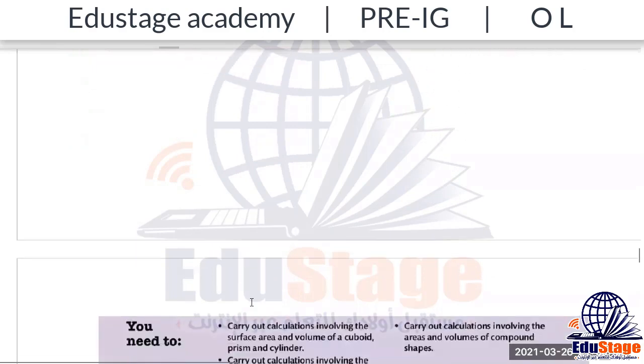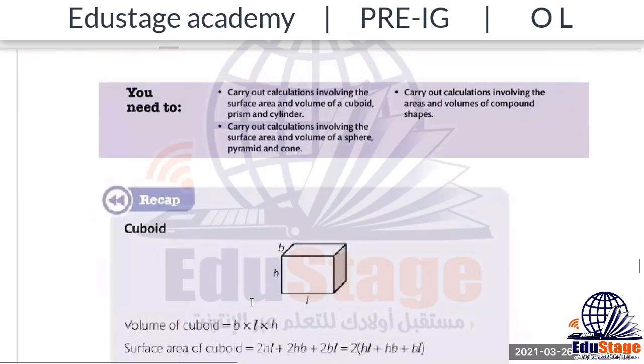Go down. Here, in this part, you need to carry out calculations involving surface area and volume of a cuboid, prism, and cylinder, and carry out calculations involving the surface area and the volume of a sphere, pyramid, and cone.